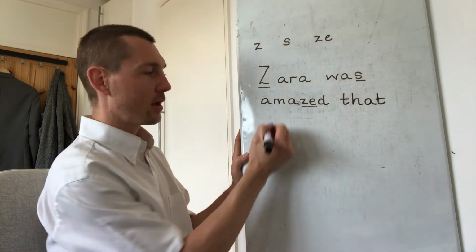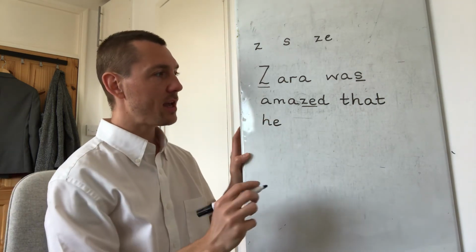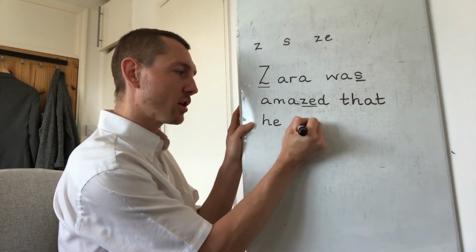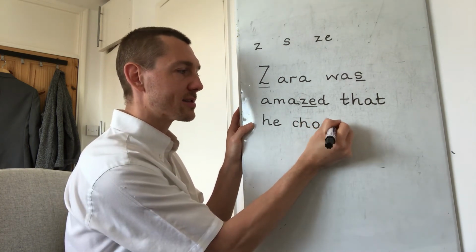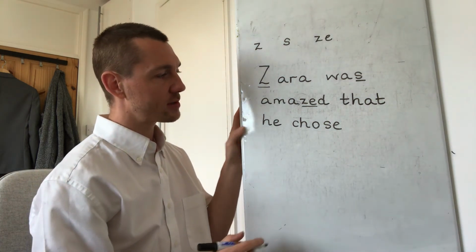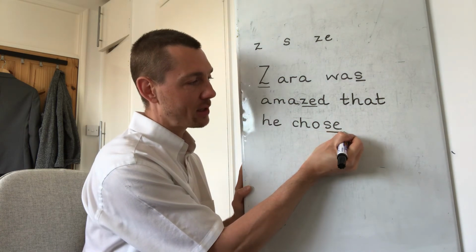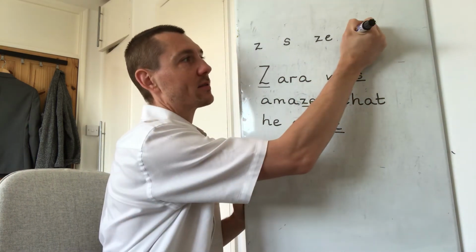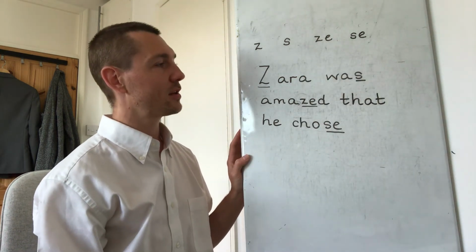That he ch, o, z. That he chose. And in chose we have an S E spelling of the Z sound, so our fourth different spelling for that same sound.